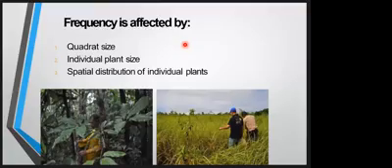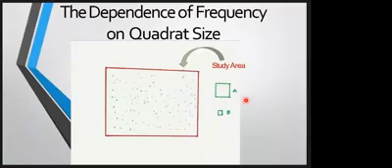That's why you may not find them here but they are on the other side. So spatial distribution is where they are distributed, for example, in 1 hectare. Maybe some are in the upland part of the 1 hectare, and others are in the lowland. So frequency is affected by that spatial distribution. So here, the dependence of frequency on quadrat size. This is an example of frequency on quadrat size.